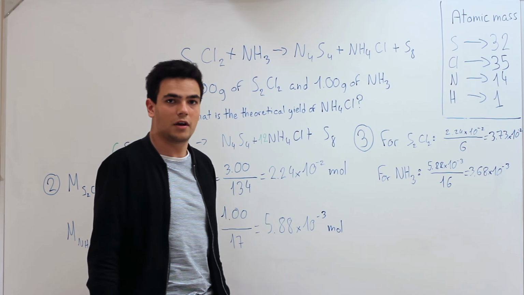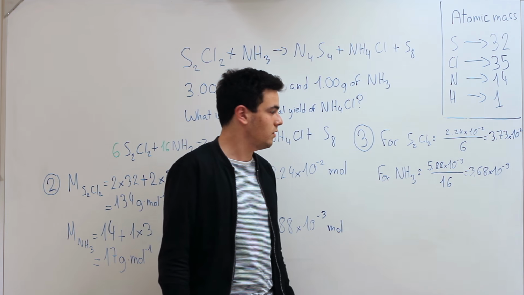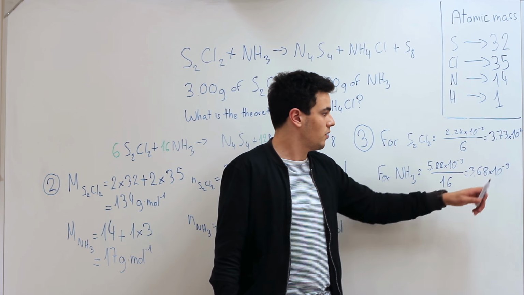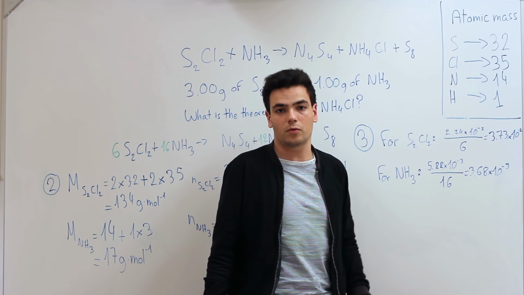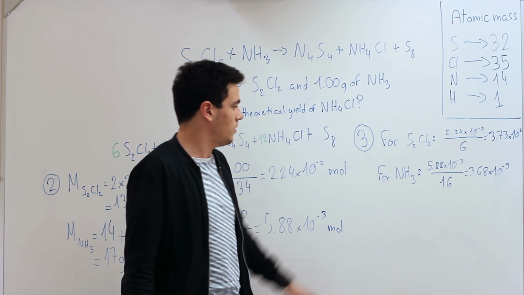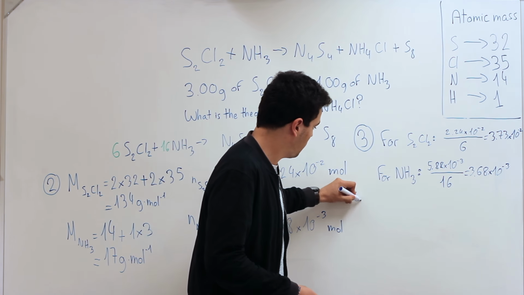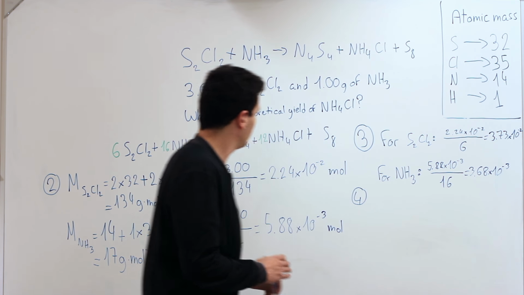Here we are. And now we can see that the limiting reactant is the one that gave the lowest value, which is this one, because it's to the power of minus 4 and this one's to the power of minus 2. So we'll consider NH3 for the fourth and final question.